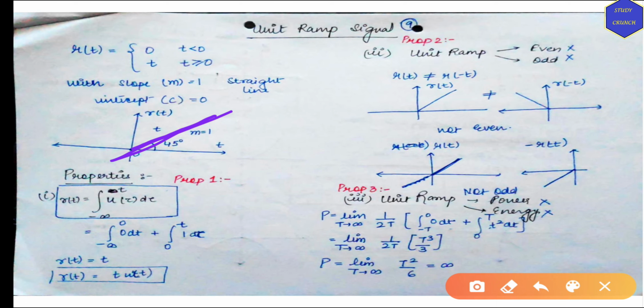So when the step function is integrated, we get a ramp function. Unit ramp is neither even nor odd, as both will not come out to be equal. Unit ramp is neither a power nor an energy signal. Both of them are false.